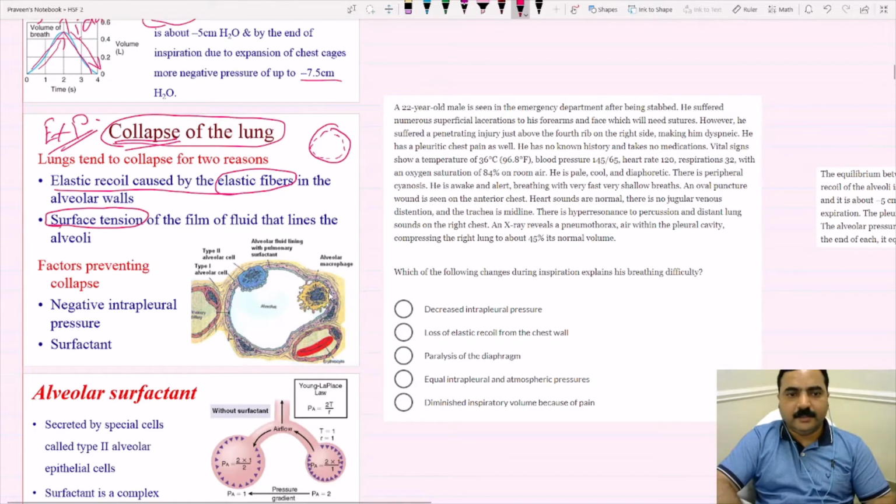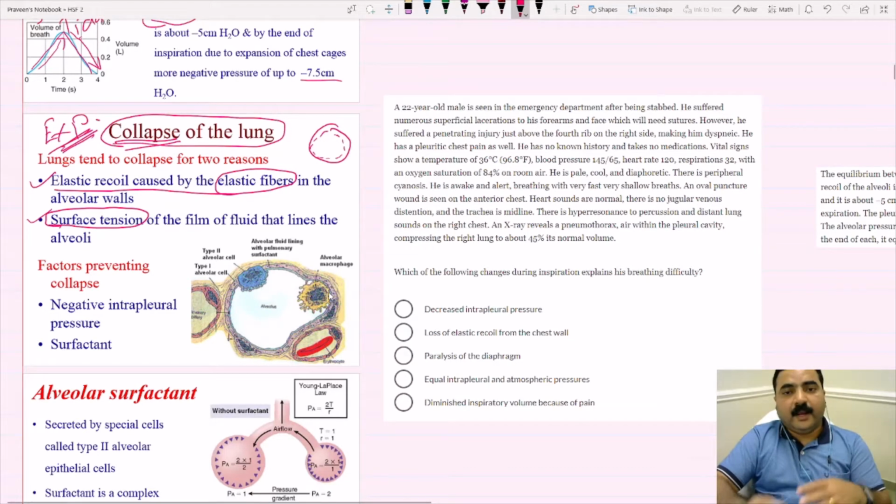Surface tension causes the collapse of the alveoli. So these are the two factors that help the lung collapse, causing expiration as a passive process. No muscle is involved in these two things, so it is a passive process, not requiring any energy.